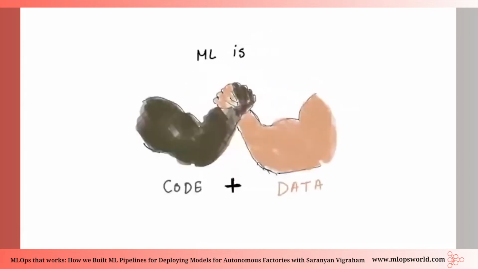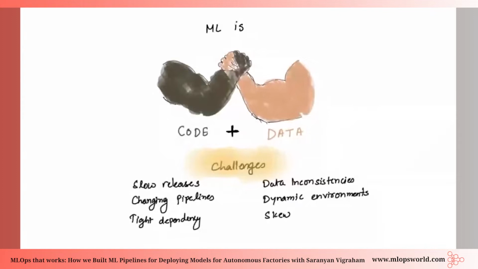The biggest difference, though, is that ML is code plus data, right? Which means that it embraces the challenges of both the software engineering side and the data side. Software engineering challenges can be slow releases. You have release trains that are not completely automated.